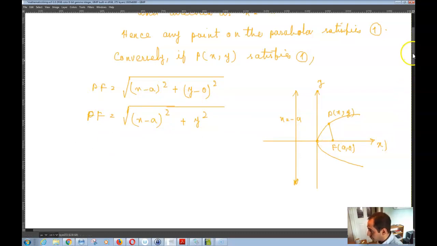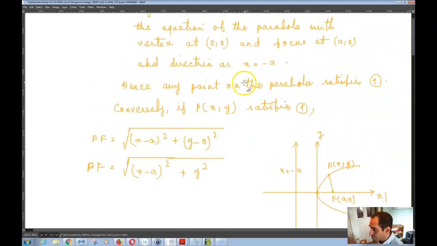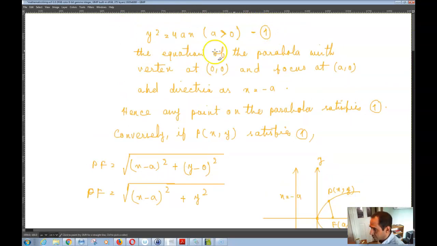Now if this point P, x comma y, satisfies this equation number 1, which was up here, that means that instead of y squared over here, you can simply write 4ax. I hope that you understand the logic that I'm using here.